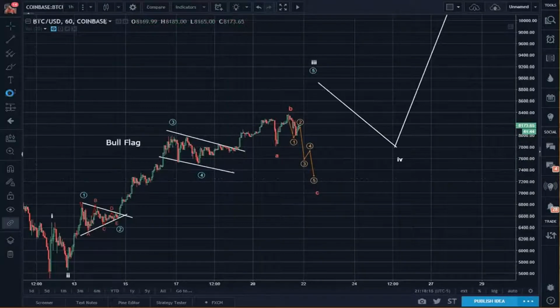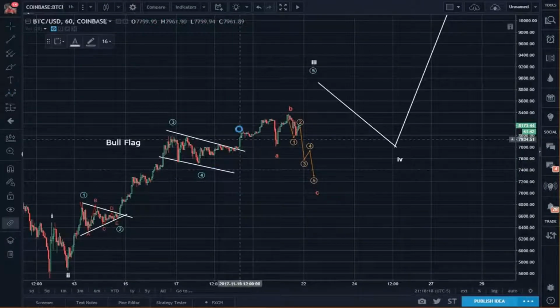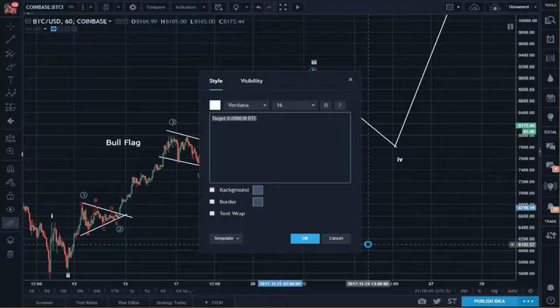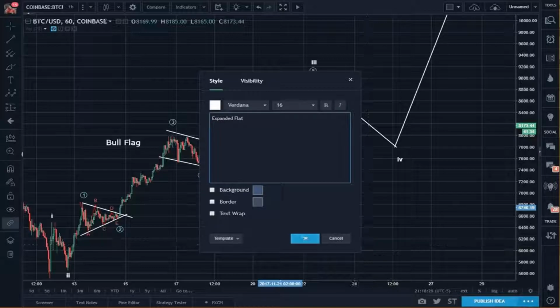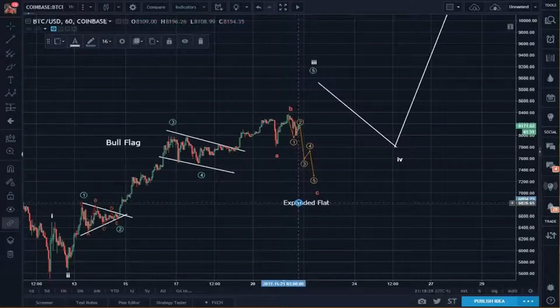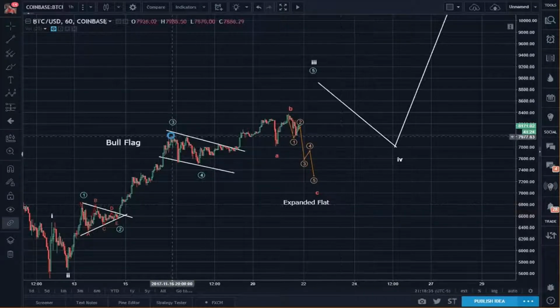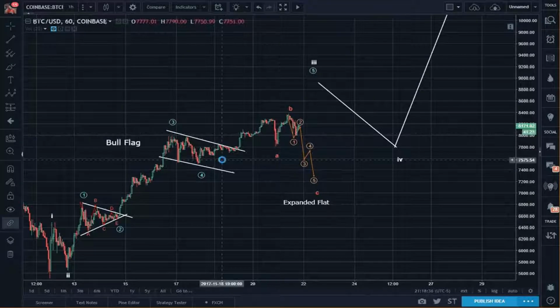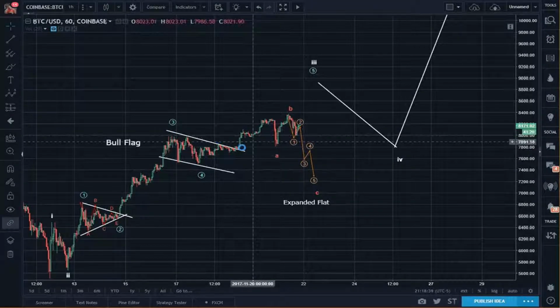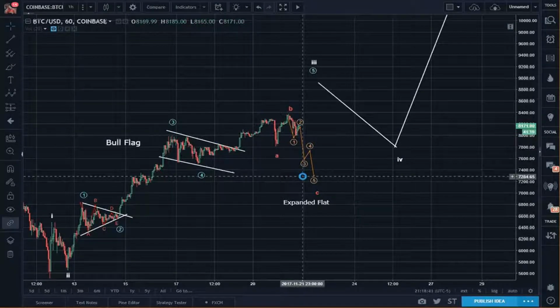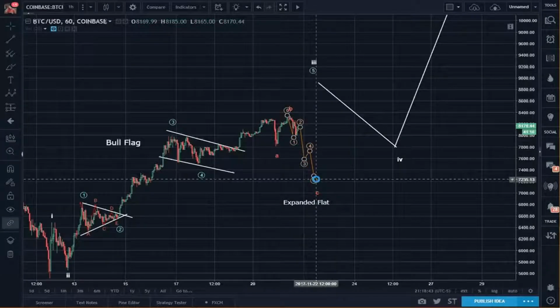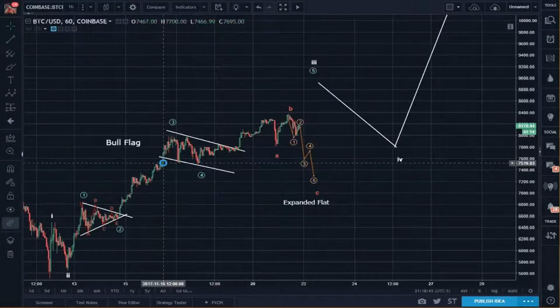This would be the expanded flat option. But I found it unusual for a bull flag to be so wimpy, so that right after that you get a correction to where it started almost.